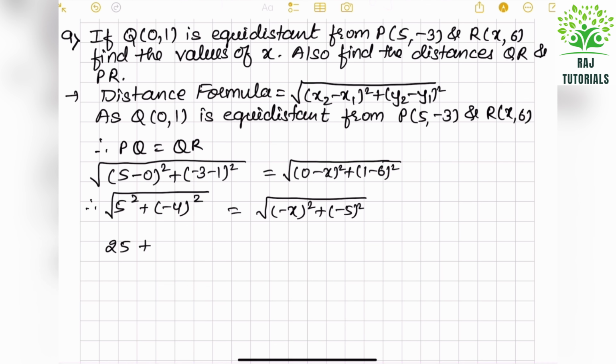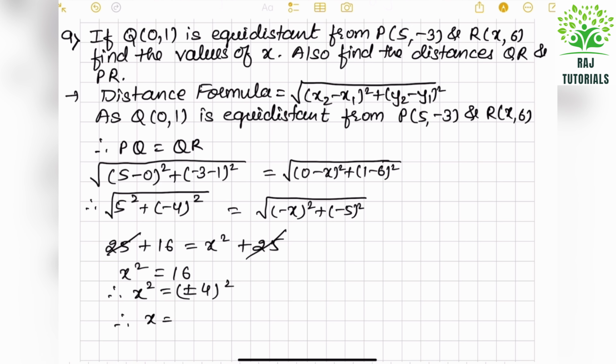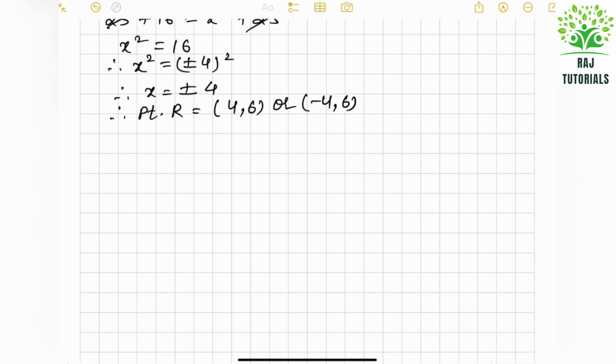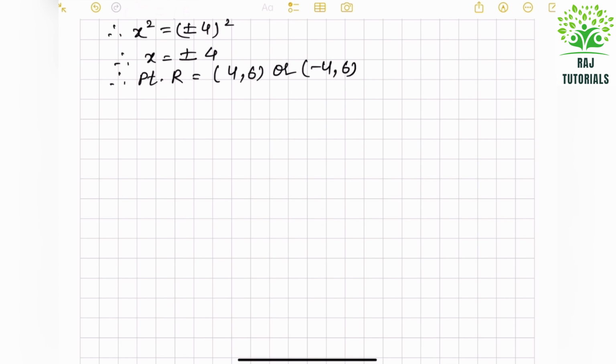Squaring both sides, I will have 25 plus 16 equal to x square plus 25. So 25 cancels, so x square equals 16. Therefore x equals plus or minus 4. So point R is either (4, 6) or (minus 4, 6).